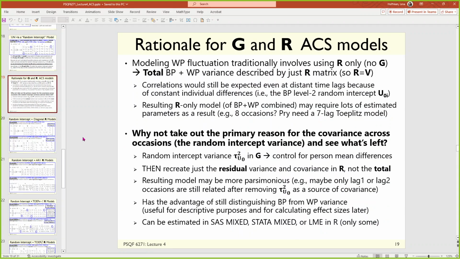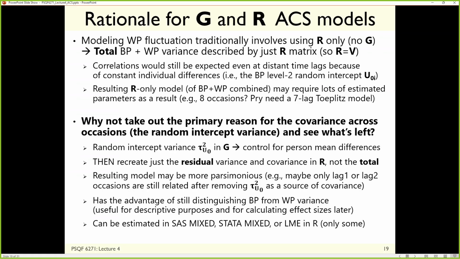So the big difference, let's go with slide 19 to start with here. Let's go back a little bit. There are two types of approaches for trying to structure what the pattern of person dependency is over time. Basically, what kinds of sources of correlation and heterogeneity of variance are induced by having the same occasions measured for a single person. That's the big picture. There are options that use only the direct pattern, so R-only models, as I've been calling them.